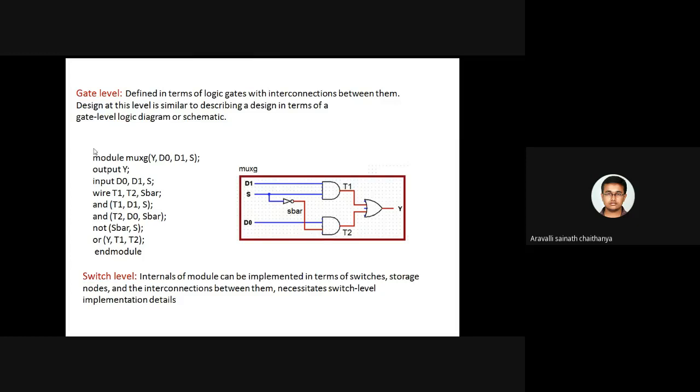Right. So the module mux G, Y output, D0 D1 inputs. In between I am having many wires, T1, T2, S bar. And how many AND gates am I using here? 2 AND gates, 1 OR gate, 1 NOT gate.